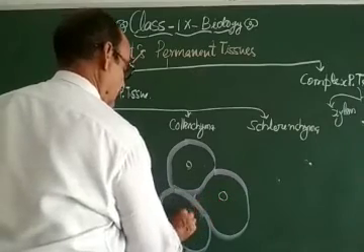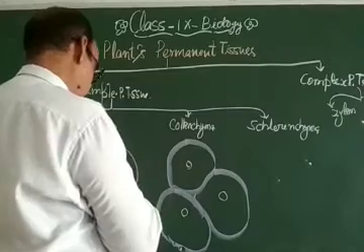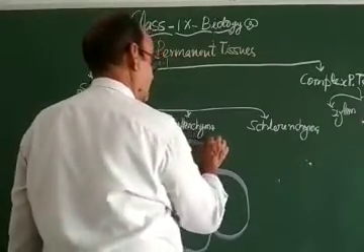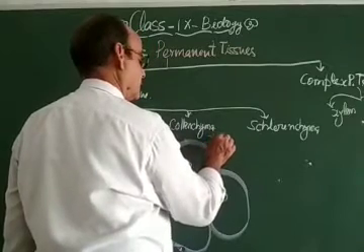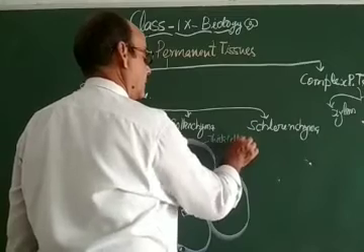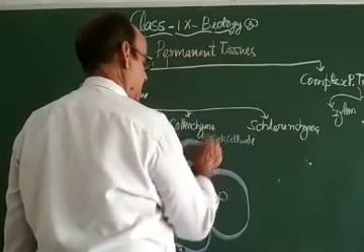So let us start the characteristics. This is the thick cell wall. This is characteristic number 1.